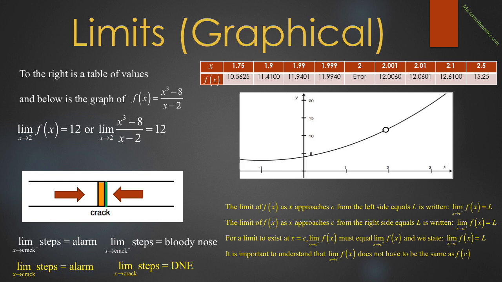And if that is true, we no longer have to speak about the direction, and we can just say the limit of f of x as x approaches c. Please note that the limit of f of x as x approaches c does not have to be the same as f of c, which we will see on the next page.